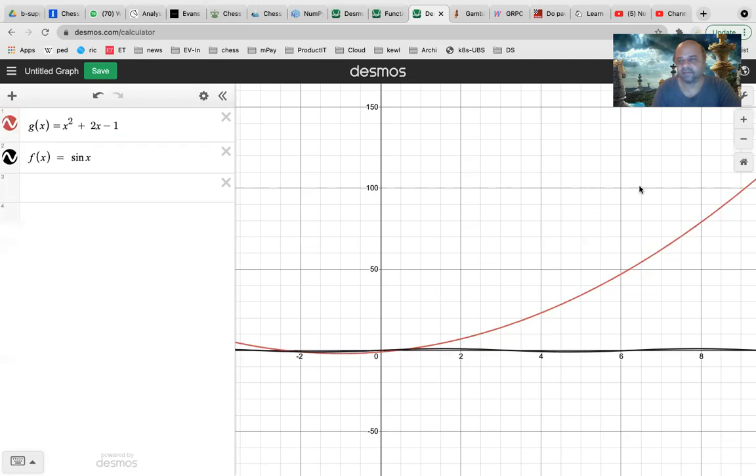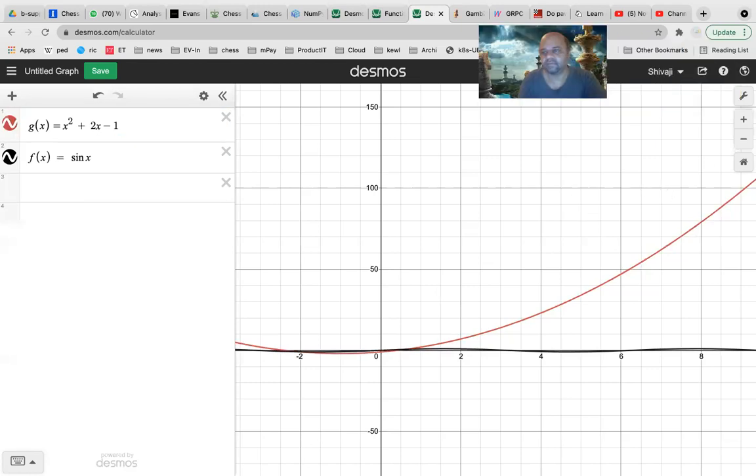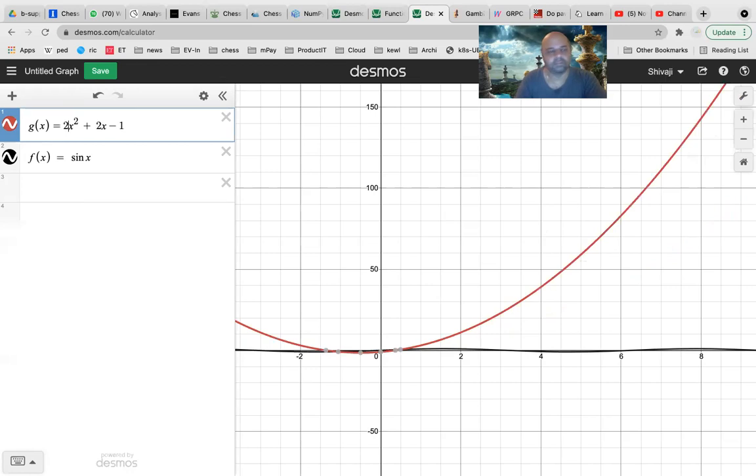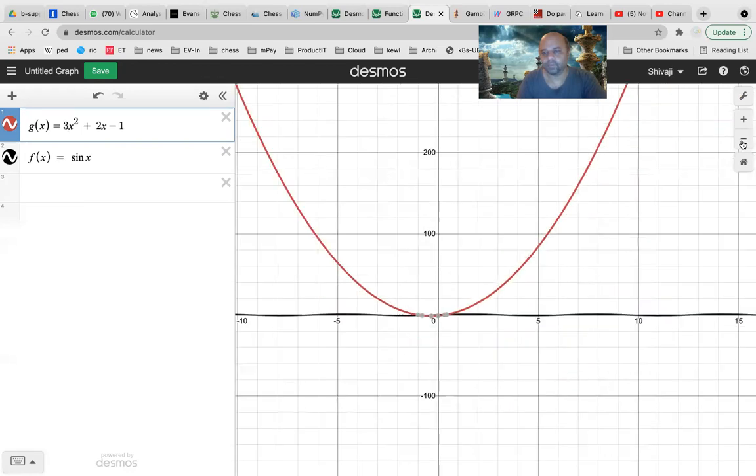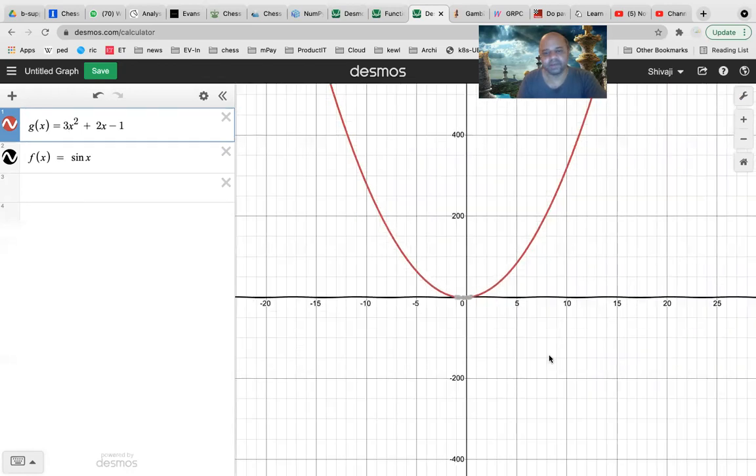I think the y-axis has become this one, so I have to tweak it.